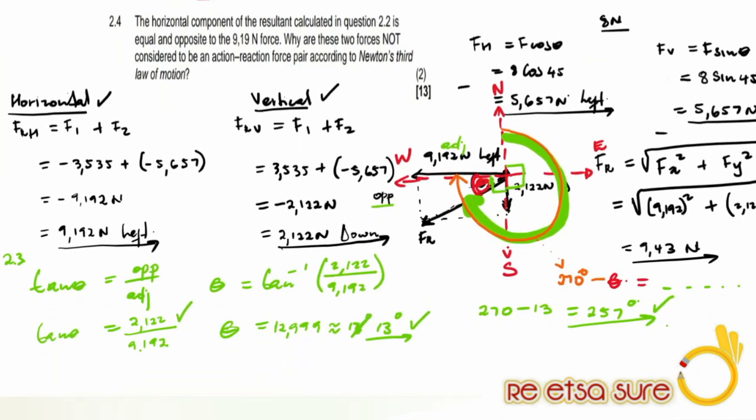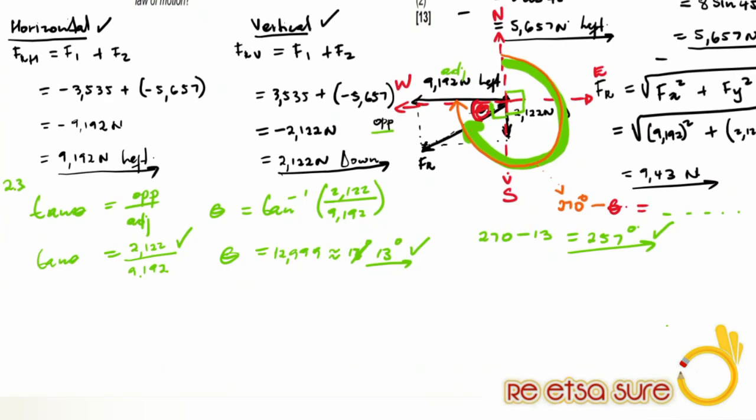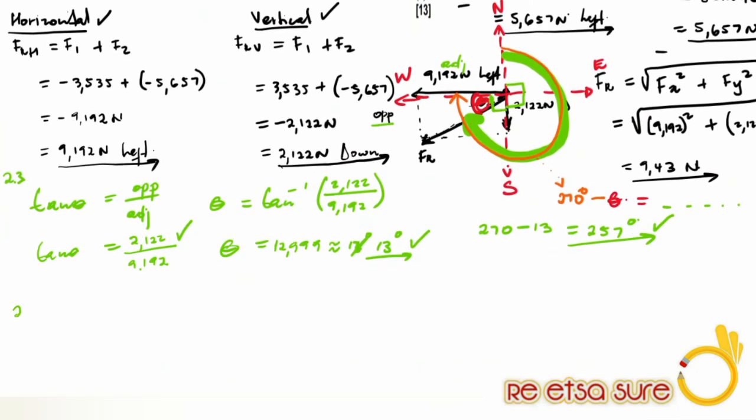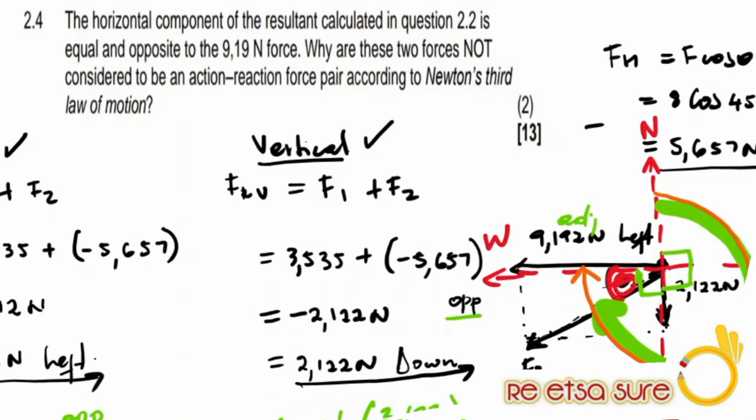And then the last question, which is 2.4. The horizontal component of the resultant calculated in 2.2 is equal and opposite to 9,19.